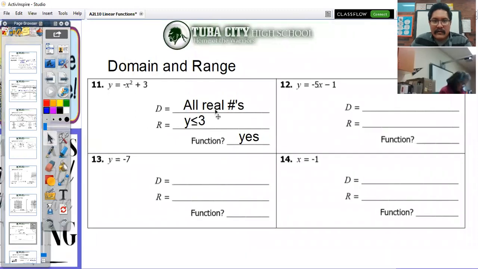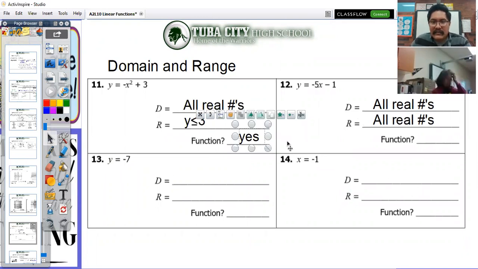So for this one, we have all reals, and the range is also all reals. And for function, yes, it's going to be a function. All right, that one was a pretty easy one.